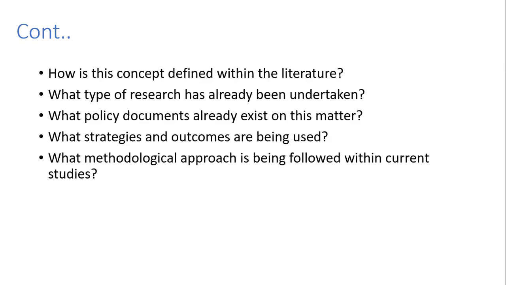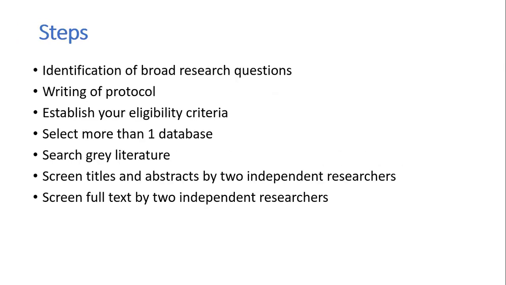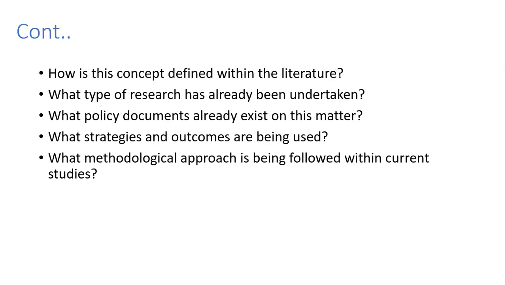Scoping review is the best choice. What policy documents already exist on this particular matter? What strategies and outcomes are being used? What methodological approach is being followed within the current studies? These are some of the questions you can get answers to by conducting the scoping review. So what I mean to say is, if you have such questions in your mind, you can plan for a scoping review.